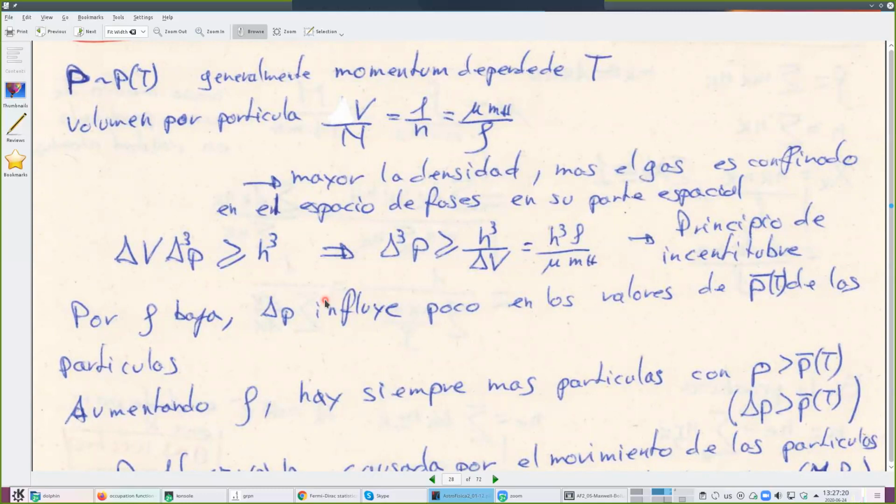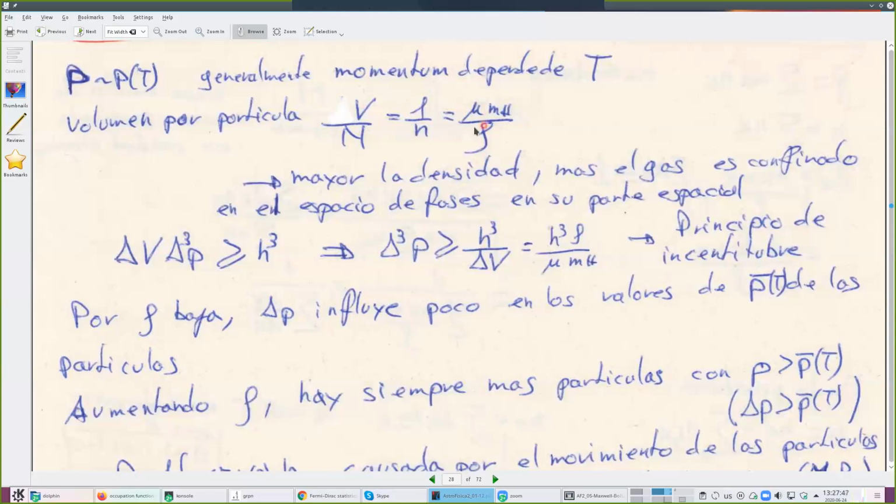It is not physical, it's impossible. But you can find it at really high temperature, because it can also happen with really high density. This is because if you consider the volume for each particle, it goes with the inverse of the density.